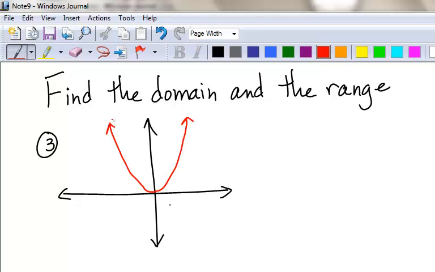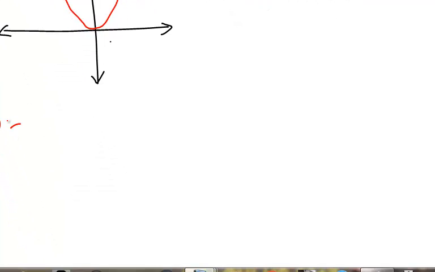Okay, when you look at that, you go left to right for the domain. For the domain, you look, and if you extended this graph on up, it's just going to keep going. Okay, so go left to right. As I'm going left to right, am I leaving out any x values of that graph? No. So the domain is, and it's a set, and we're just going to use a double bar R for all real numbers.